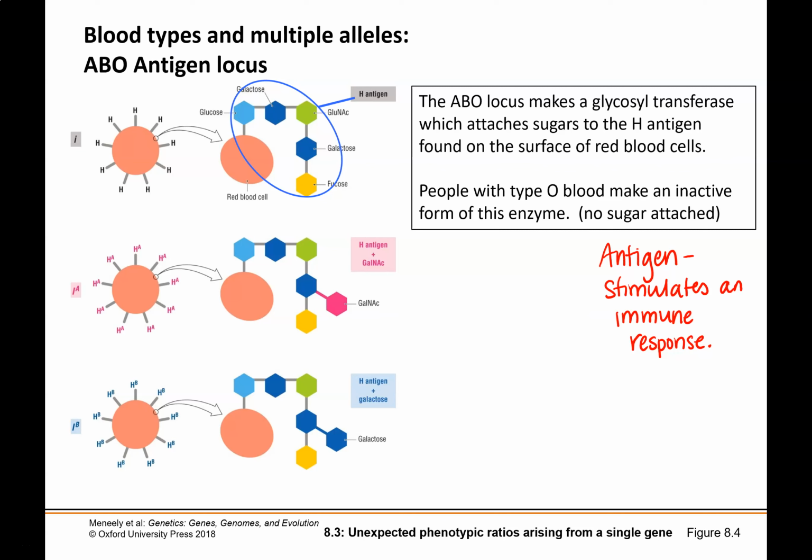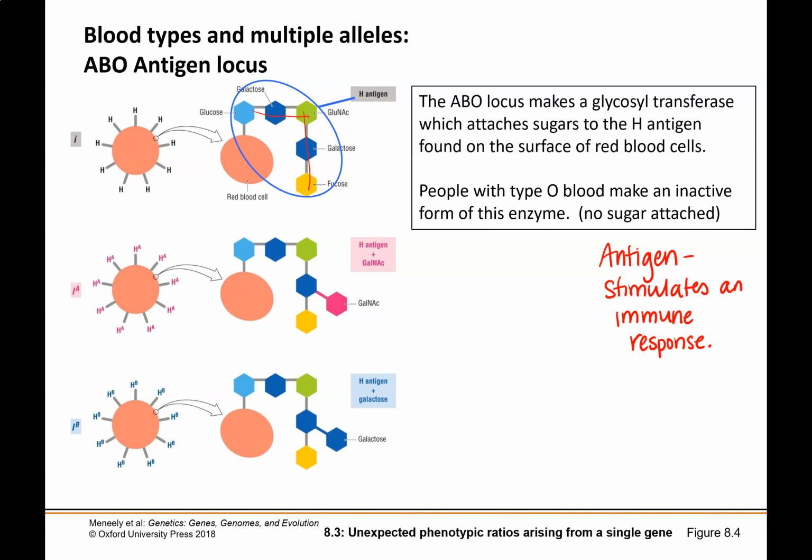But on the outside of our red blood cell, we have something called an H antigen. This H antigen is a string of sugars that are attached to that red blood cell. Now, there is a specific enzyme called a glycosyltransferase that attaches a specific sugar to the H antigen.